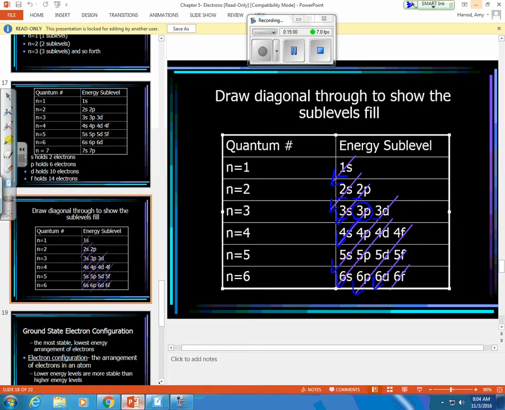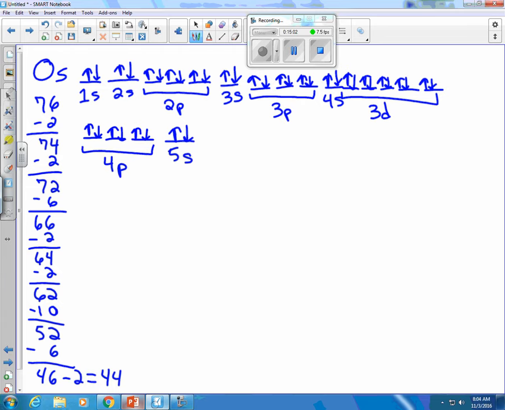After 5s, I'm going to 4d, and the 4d energy level can hold 5 beds, right? First, I'm down to 34, making some progress.